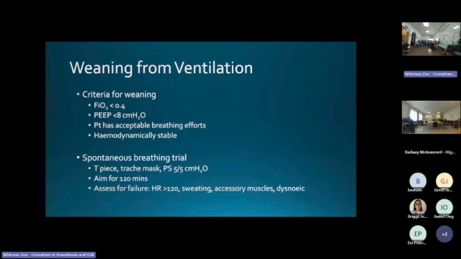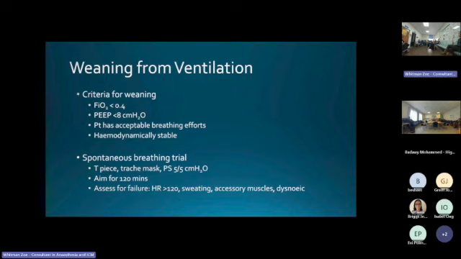The way to do a spontaneous breathing trial, if you read the books, is take them off the ventilator. We usually do pressure support 10 to 5/5 generally, rather than disconnect them from the ventilator and put them on bags and stuff. But it's sort of similar to what we're doing when we're doing trachea mask weaning.